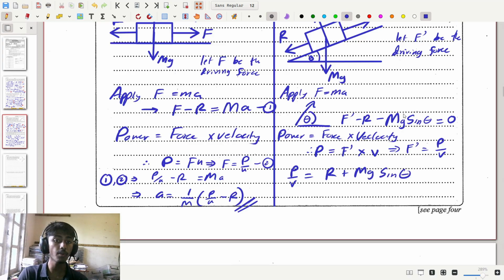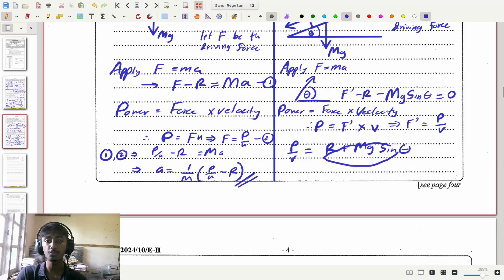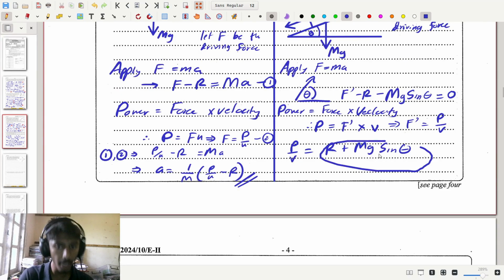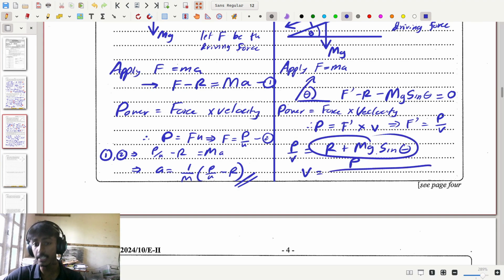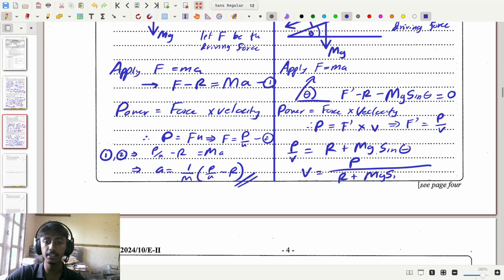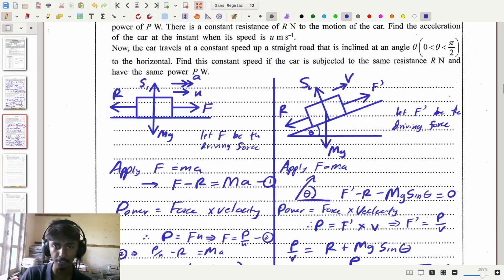Since I want V, I can swap these two, take V up and take r plus mg sine theta down. So V equals P divided by the whole of r plus mg sine theta, and that is my final answer for the second part of the question.